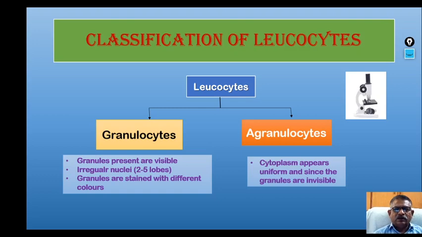Granules present in these cells are stained with different colors, depending on their ability to take different stains. Some have affinity toward acidic stain, so they will take acidic stain.